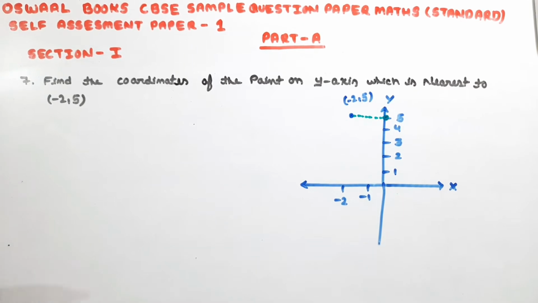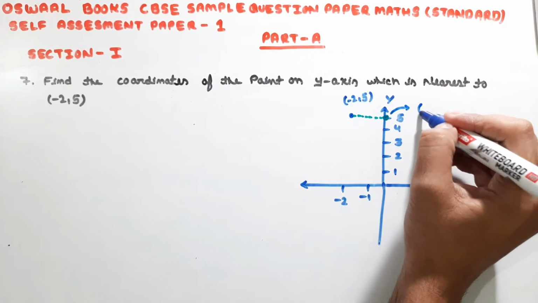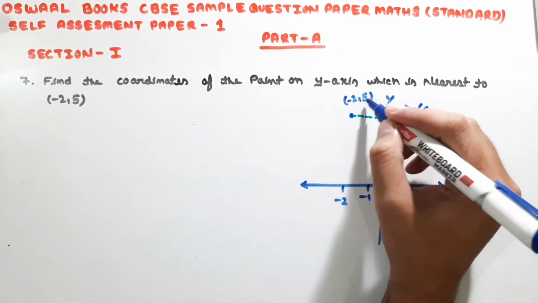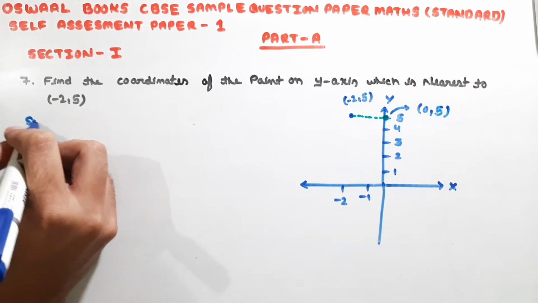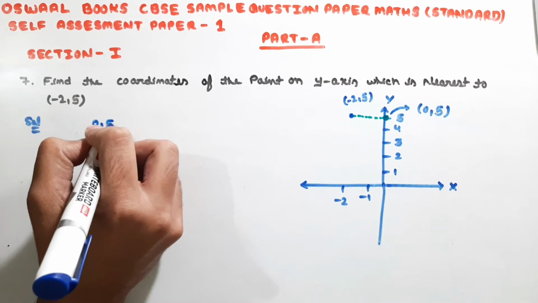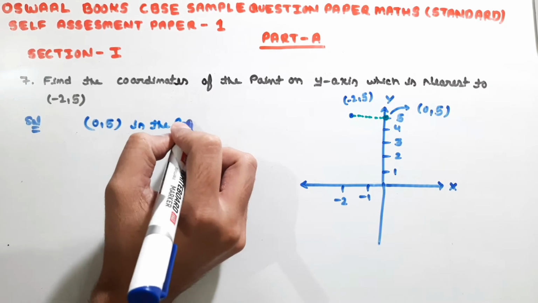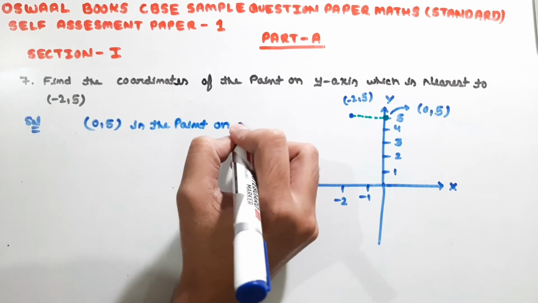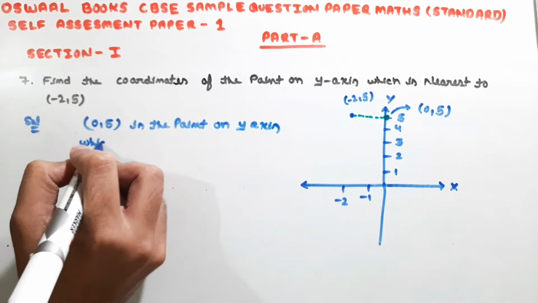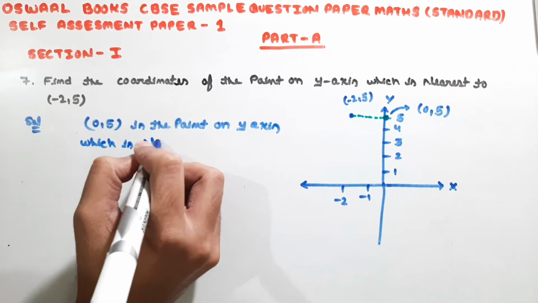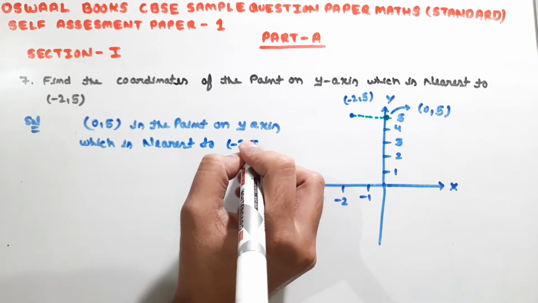We know that on y axis the x coordinate is 0, and y will be 5. So our answer is 0, 5, the point on y axis which is nearest to -2, 5.